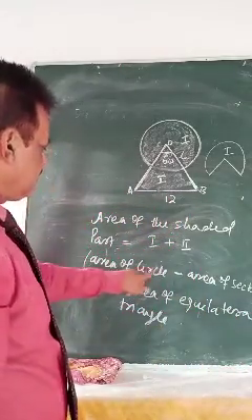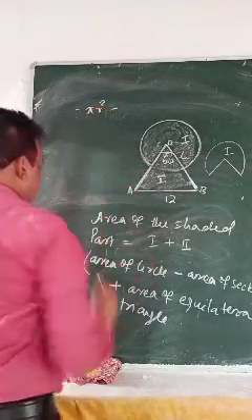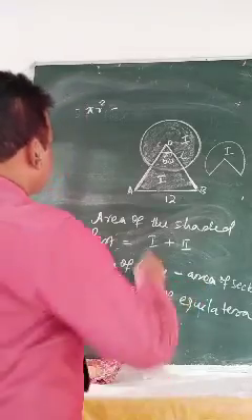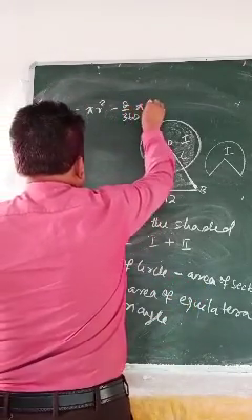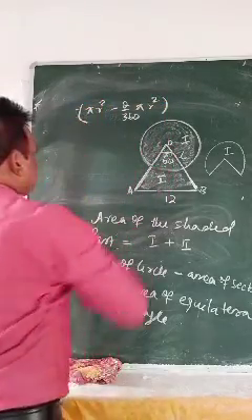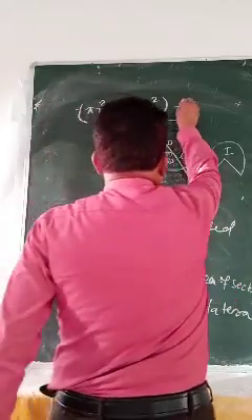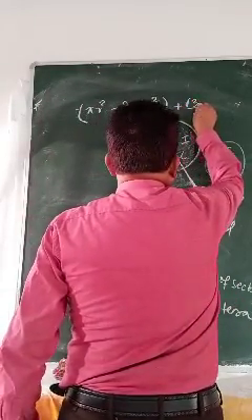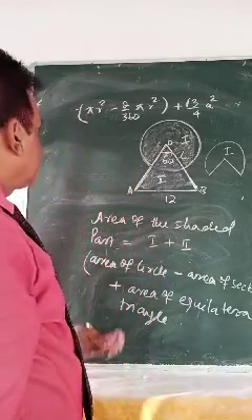Okay. What is the area of circle? Now pi r square minus sector, theta by 360 pi r square. This is part 1. Plus the equilateral triangle formula is root 3 by 4 a square, where a means side.